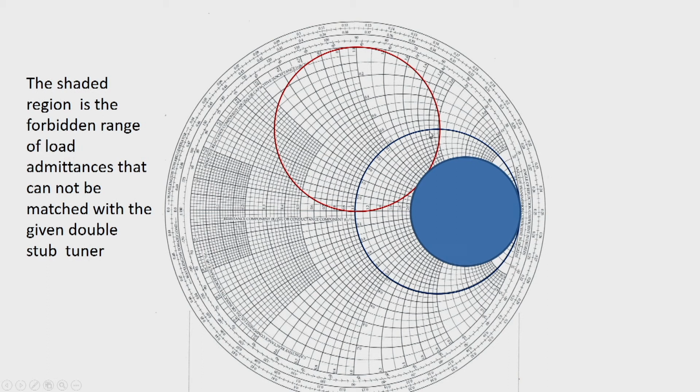For example, if d is less than lambda by 8 as shown here, then this circle will shrink, whereas if it is more than lambda by 8, this circle will actually increase in size. So, this shows the forbidden range of load admittances that cannot be matched with the given double stub tuner for which we have drawn the rotated g equal to 1 circle.